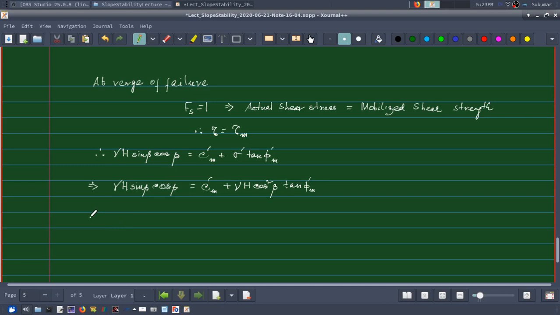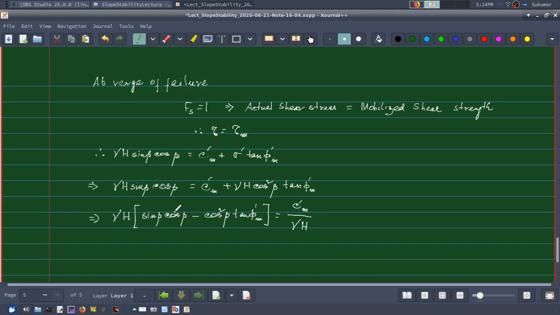Then what I'll get, gamma h times (sin beta cos beta minus cos square beta tan phi dash m) will be equal to c dash m by gamma h. Okay.